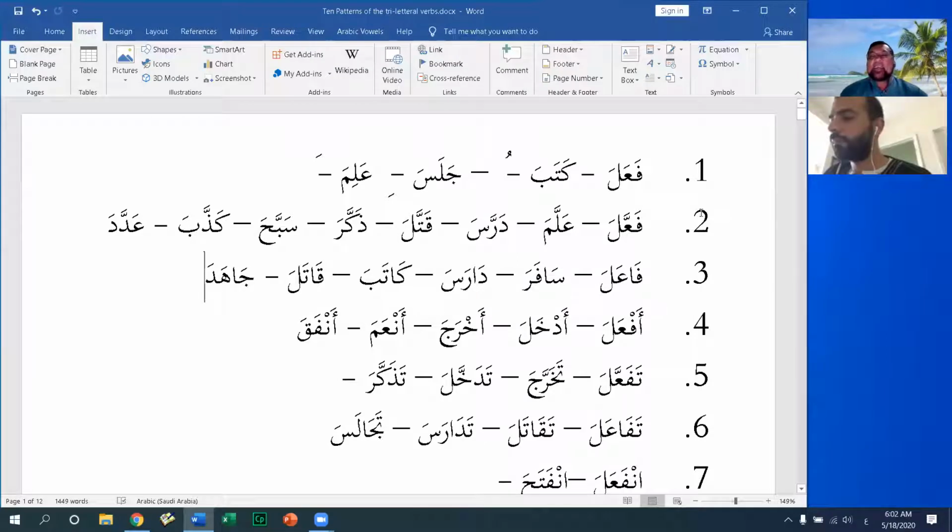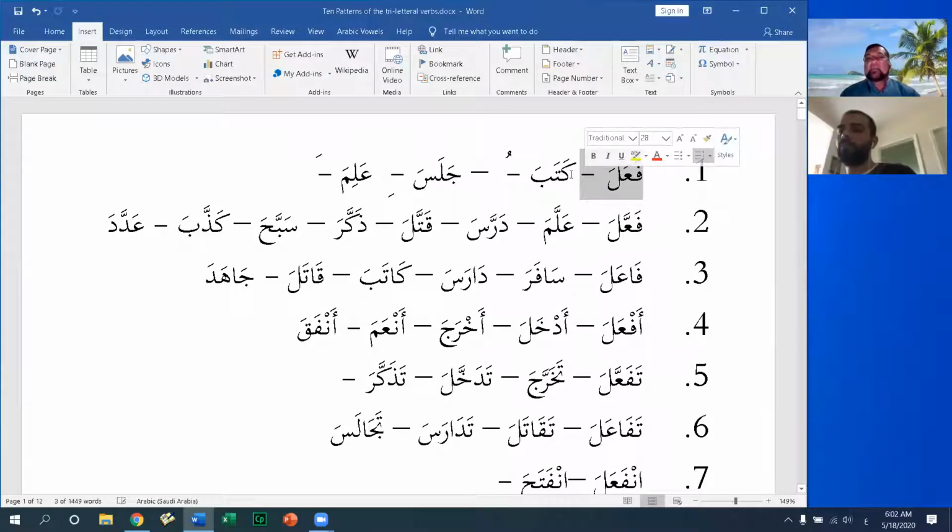So let's go over the 10 patterns of the verb. To remind you what we've done so far in learning the patterns, we have done only the first pattern, fa'ala. For example, kataba, jalasa, and alima.